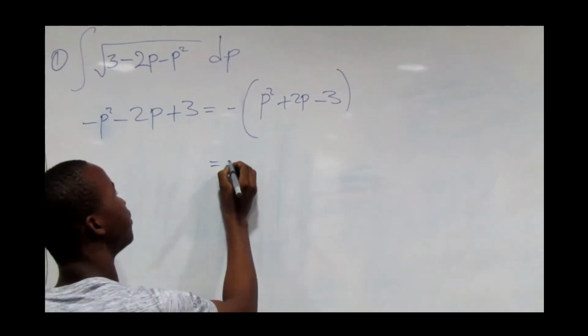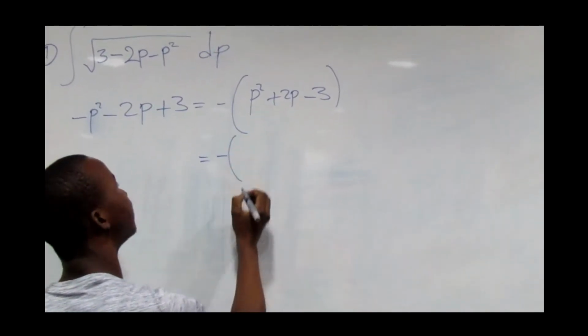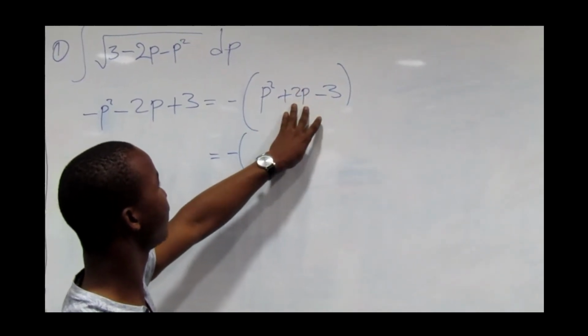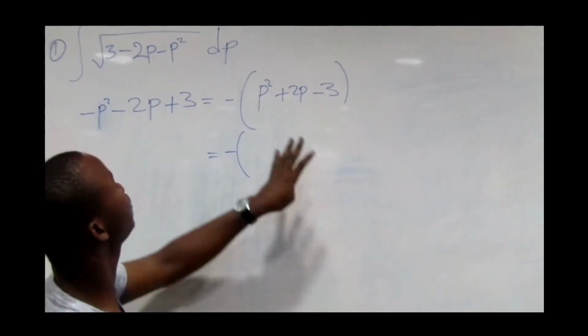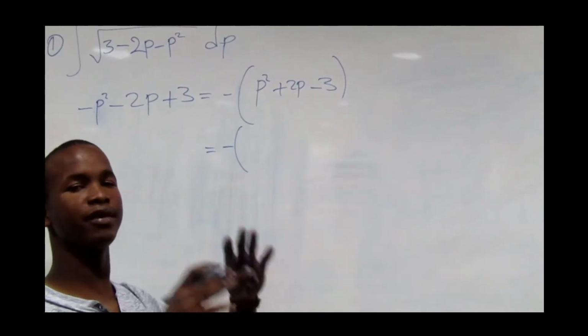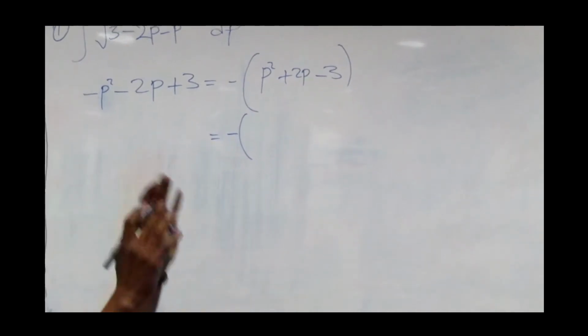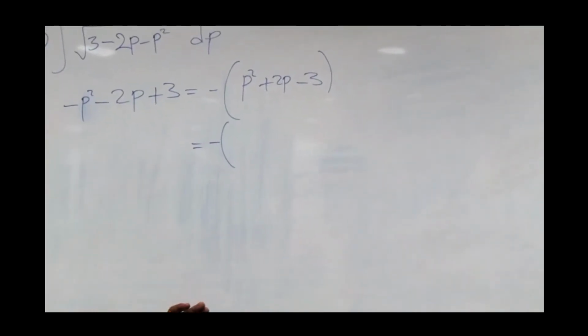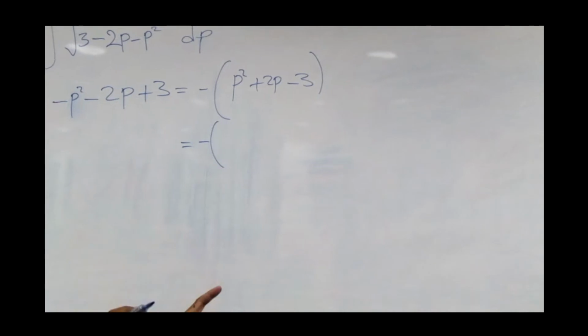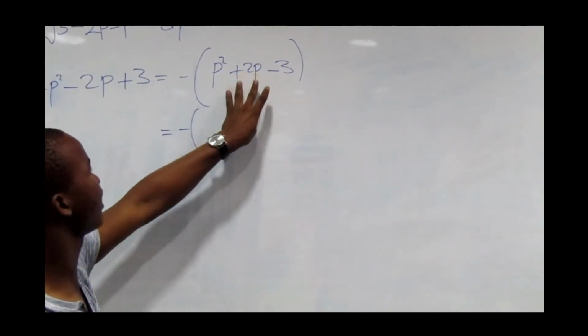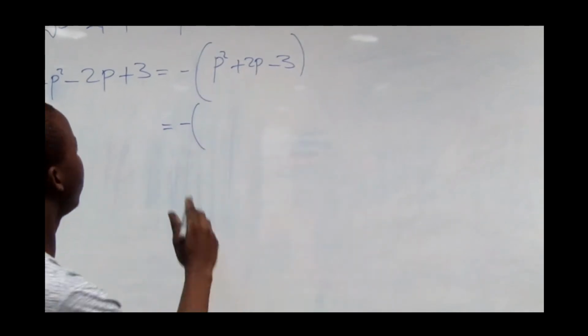Then the second step says we must take half of the middle term. We square it, then we add it and minus the same thing. How do we get it?